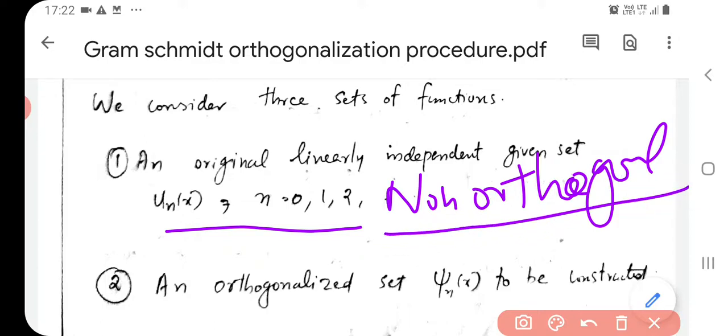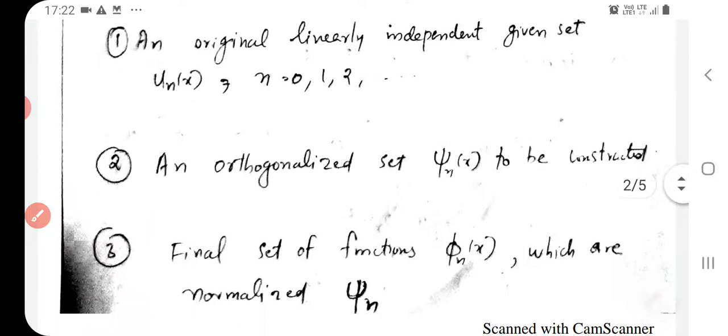And we can construct an orthogonalized set.